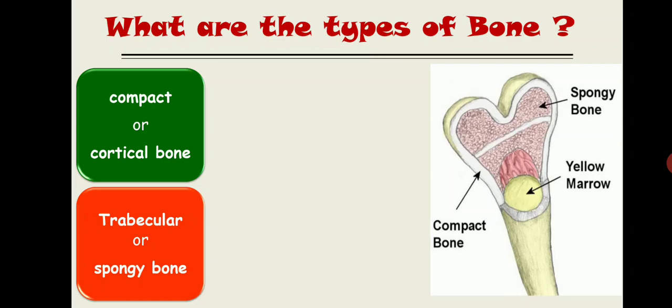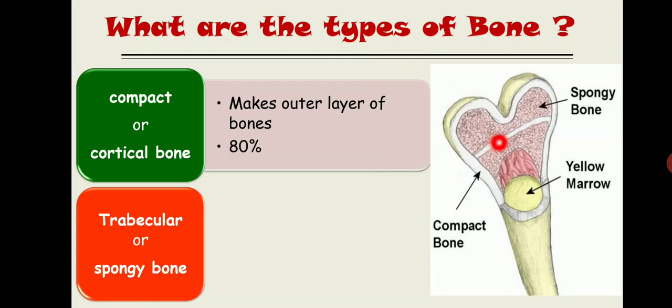Now you can see in this slide that compact bone is present over the outer region. It makes the outer layer of the bone, and it is basically 80% of the total bone. The spongy bone is situated inside that cortical layer, and the remaining 20% of the bone is made up of spongy bone.